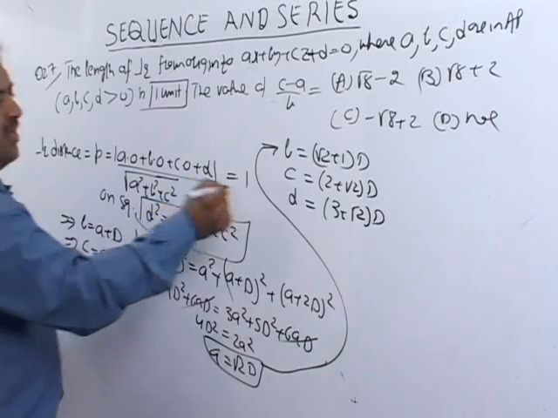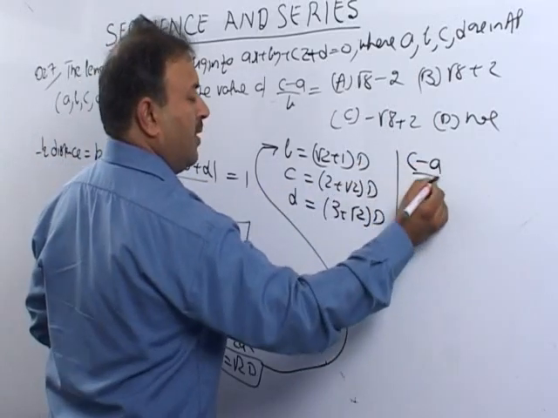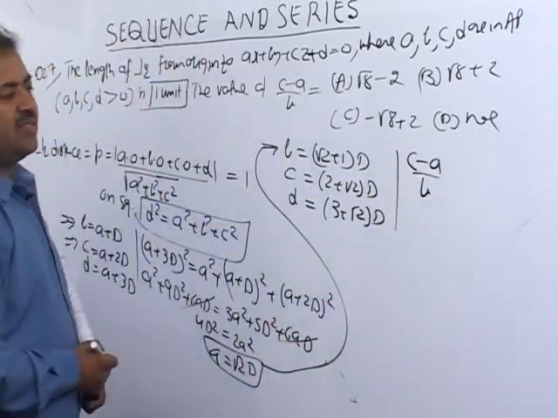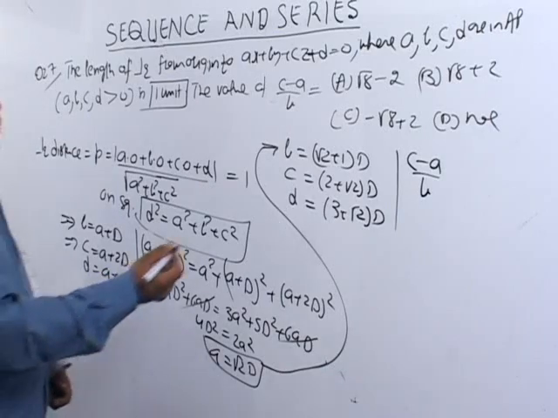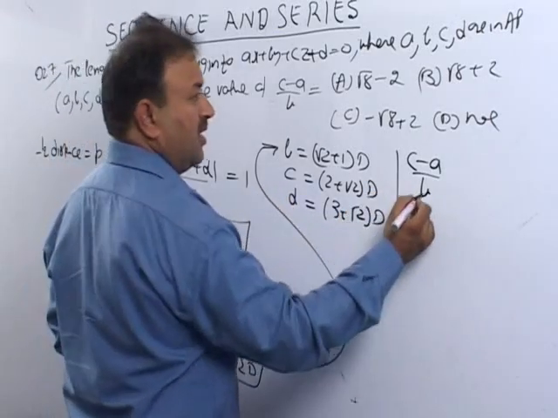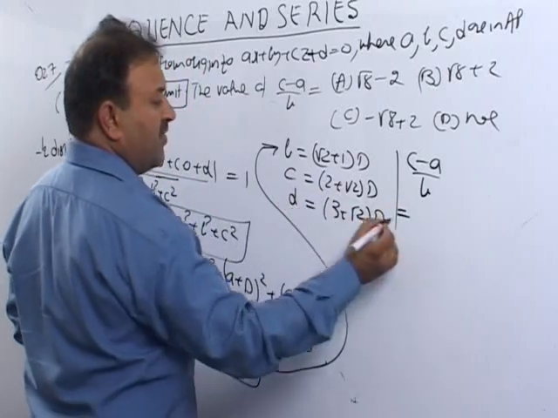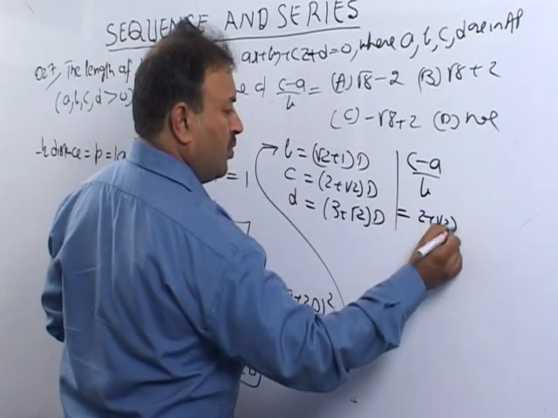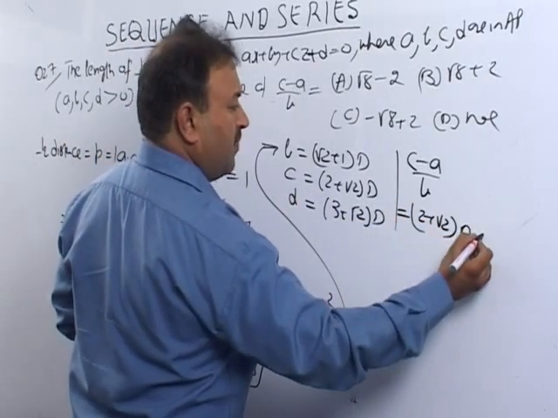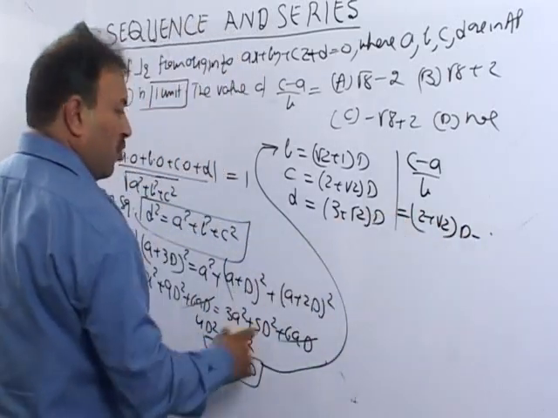हमने किसकी वैल्यू निकालनी है? C minus A upon B. Similarly, we substitute these values. C minus A किसके इक्वल आएगा? C की जगह वैल्यू पुट की, 2 plus root 2 d minus A. That is, A is what? Root 2 d.